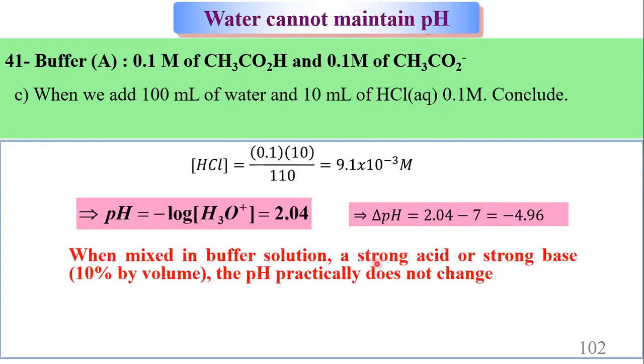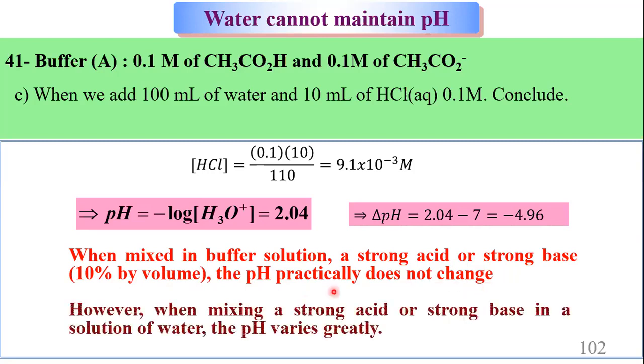And so, when we mix a strong acid or a strong base into a buffer solution, where they're limited in concentration, 10% by volume, not much, the pH practically does not change. However, when we mix a strong acid or a strong base into water, the pH varies greatly.